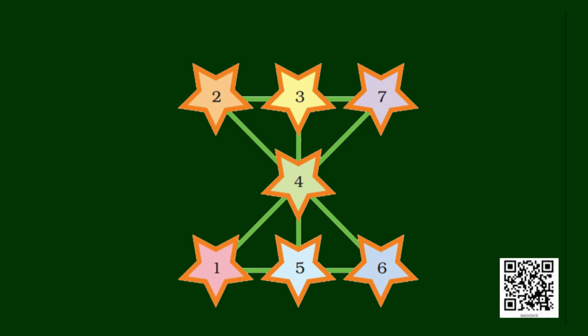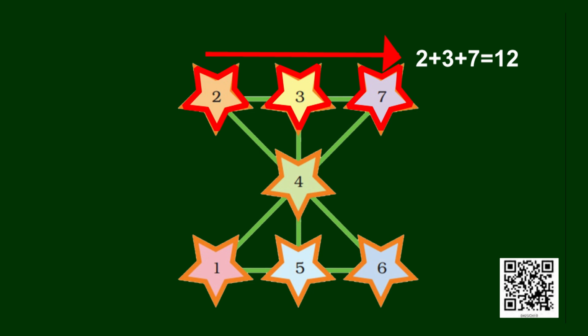Yes, the numbers are 2, 3, 7, then 3, 4, 5, then it comes 1, 5, 6. What is the speciality? If you observe, there are numbers from 1 to 7. Is that the only speciality? No, you add up the numbers along the lines. If you add 2 plus 3 plus 7, what will you get?